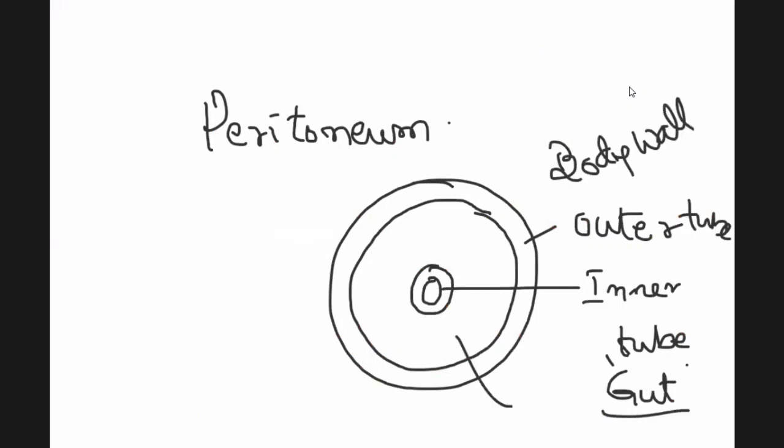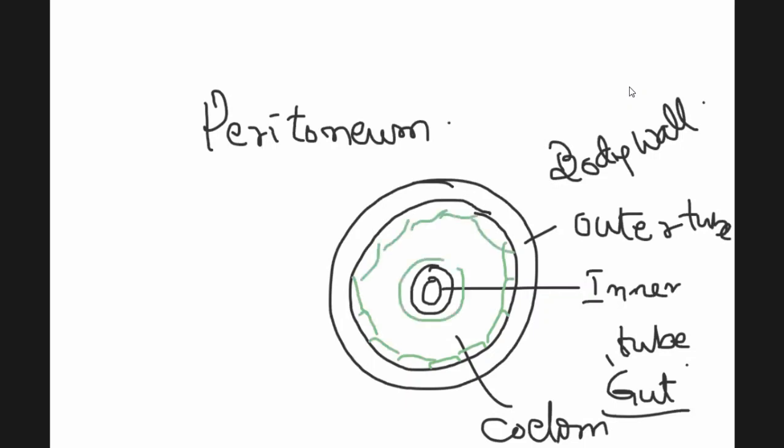This cavity is coelom, and this coelom is also lined by epithelium on both sides. These two layers, coelomic epithelia, are known as peritoneum.